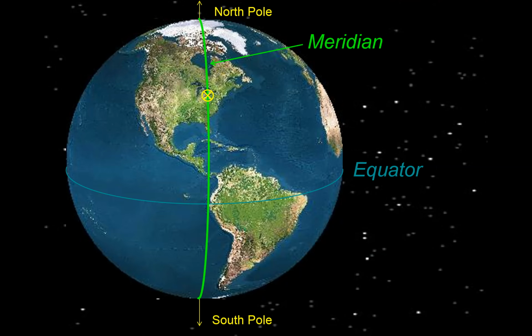Now, if we are looking for a star in the sky and the Earth is rotating around, we can wait until that star is on the prime meridian. When it's on the meridian, it will actually be at the zenith for our location, right above our heads, right here where we're standing. So the best time to see objects is when they appear on your meridian. That means they're right above you.